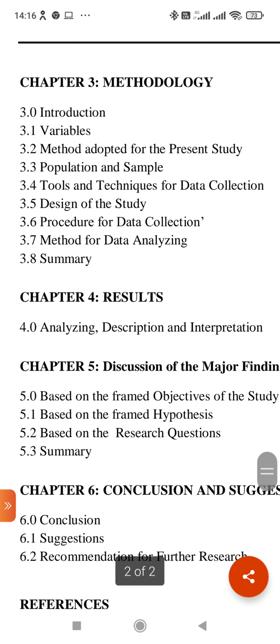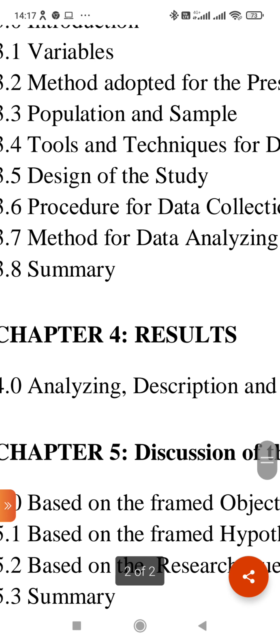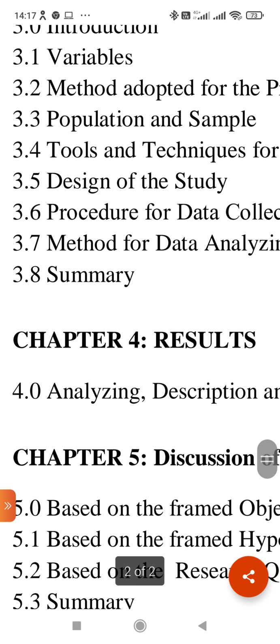Then coming to the next chapter, it is the result. So you have 4.0. Here you have to give a description. You have to analyze it. In the methodology portion, what was happening? Here 3.7, method for data analyzing.